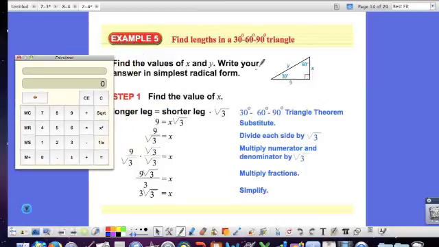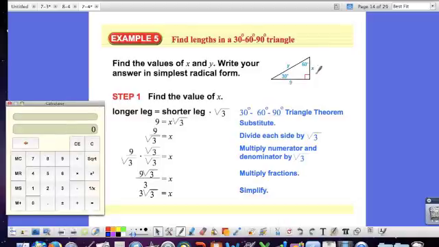Now they want us to find the lengths in a 30, 60, 90 degree triangle. So in this case, they first say, find the value of x. We have two variables here. They gave me the side opposite the 60 degree angle. So 9 is going to equal x radical 3. I'm just going to walk through the steps here. I divide both sides by radical 3. I get 9 over radical 3.